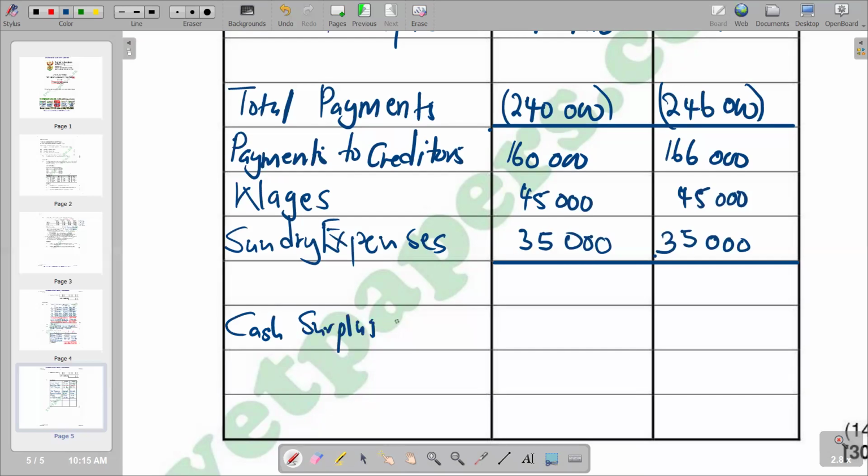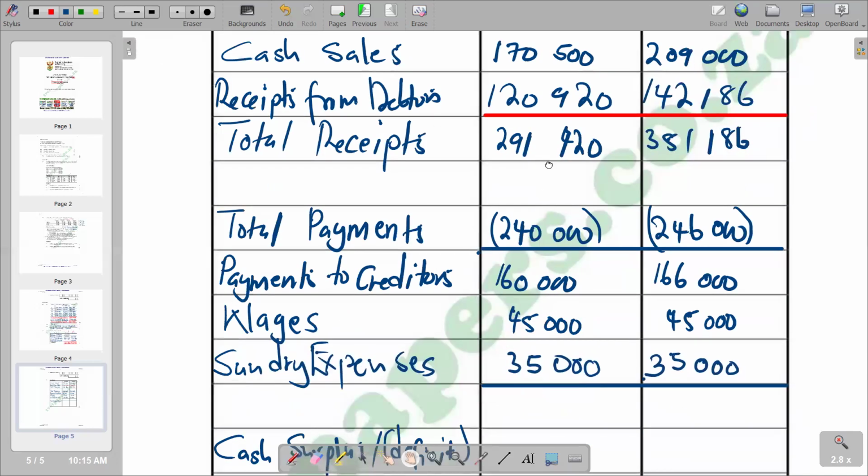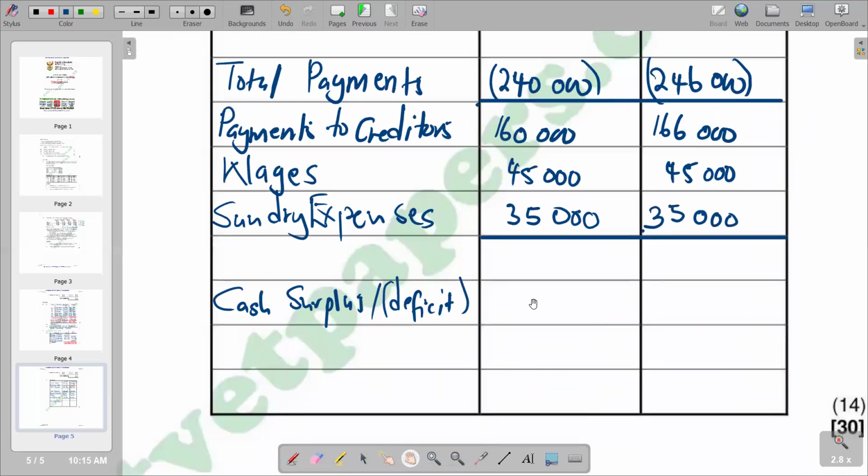If it's a deficit, we are supposed to show it in brackets. So we calculate for the first column, January: 291,420 minus 240,000. Then we get a cash surplus of 51,420.